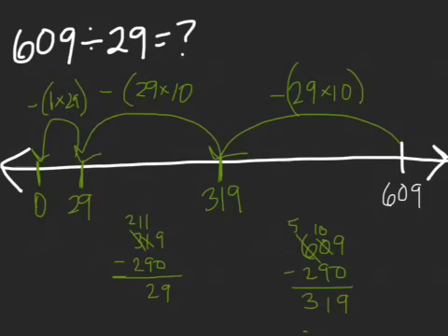Okay, so where's the answer? If the original problem was how many classrooms do we have? Well, we had 10 classrooms here, another 10 classrooms here, and another 1 classroom here. So add that up together, and we have 21 classrooms.